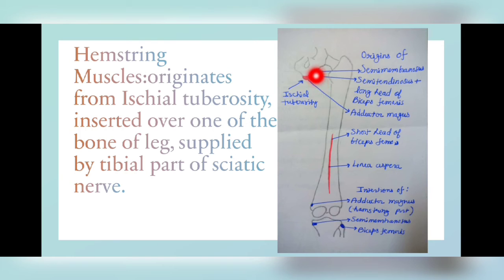So the ischial part and adductor part combine to form adductor magnus, and finally it reaches up to the adductor tubercle, and is inserted over the adductor tubercle.